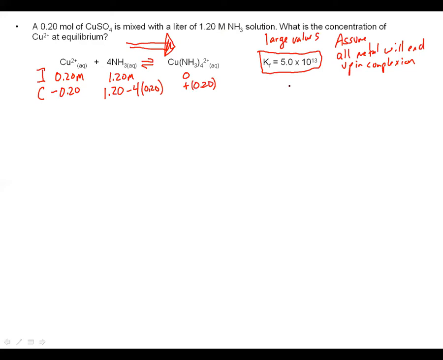So this is equivalent to what we would normally do with an ice table. If we had 0.2, 1.2, and 0, we would normally do minus x, minus 4x, and plus x. Then at equilibrium we would have 0.2 minus x, 1.2 minus 4x, and x.